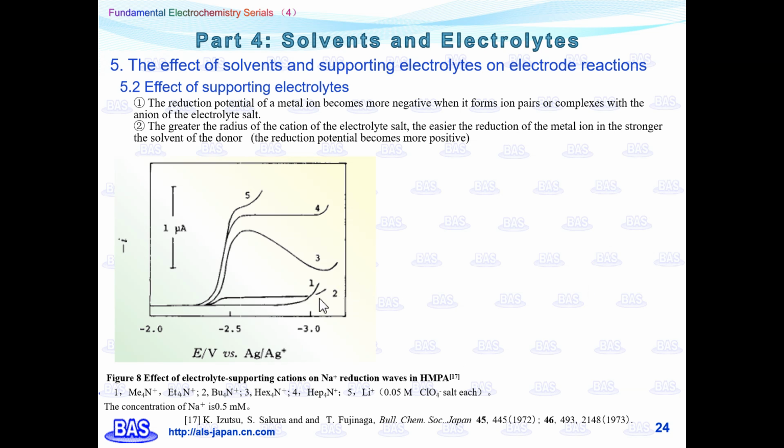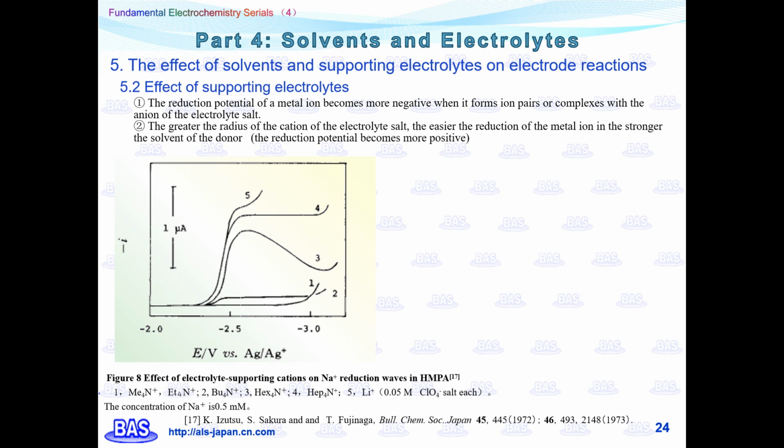When the supporting electrolyte cation is the tetrabutylammonium ion, a very small reduction wave is seen which has the same characteristics as reactive currents. When the radius of the electrolyte cation is further increased, the reduction waveform of sodium ions is close to the reversible diffusion-controlled waveform.